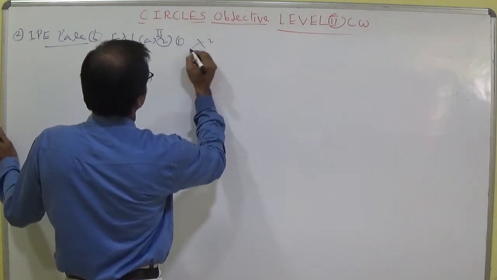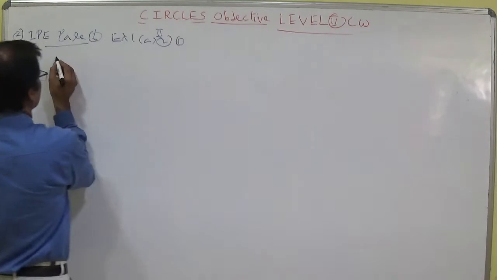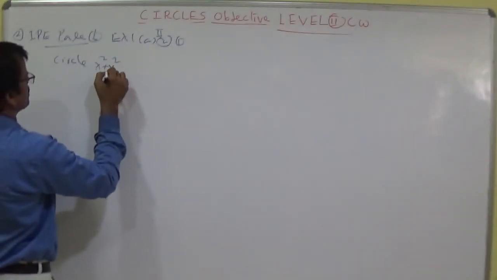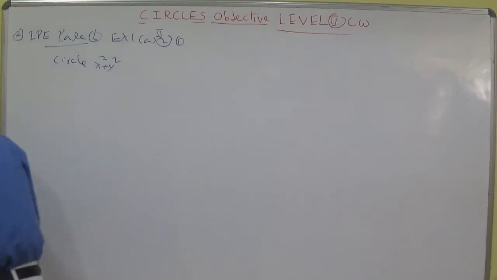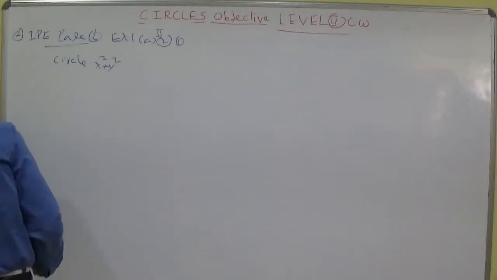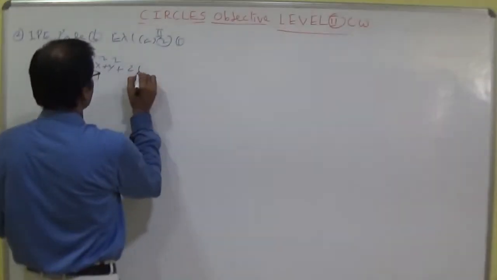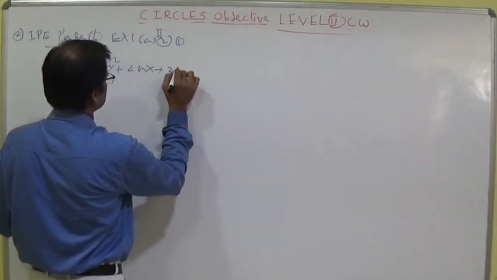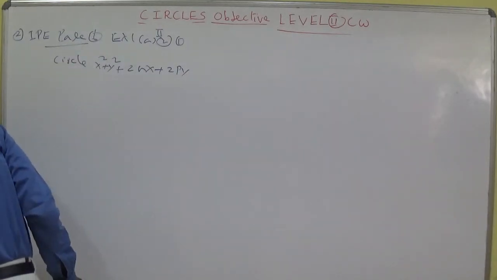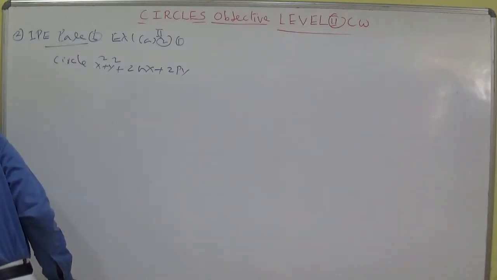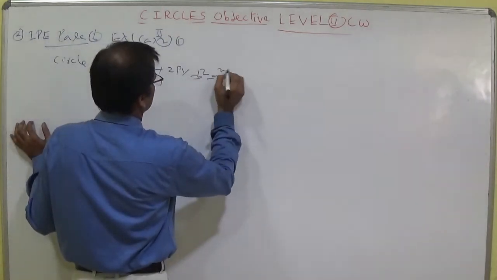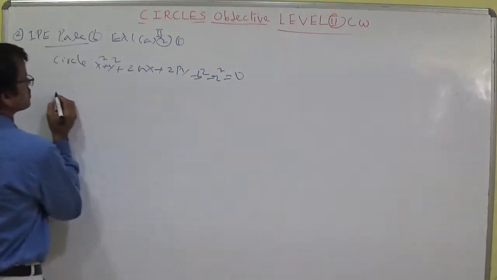Add the equations, I am writing the circle. To get the circle, I explained the theory there, but here I am giving a shortcut: simply add the two equations, then you will get the answer. X square plus y square plus 2ax plus 2py, and x square plus y square plus 2bx plus 2qy, minus b square minus q square equal to 0.